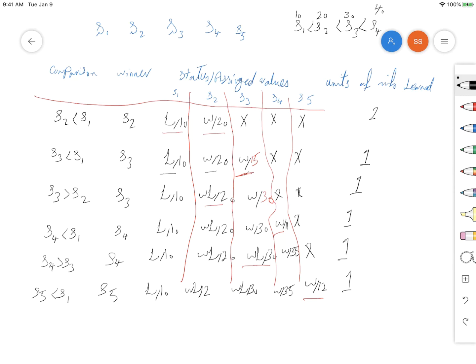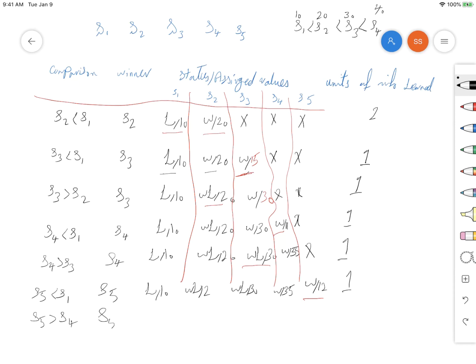Now, we found that S5 is not the smallest one. Now we're going to compare it with the largest number, that is S4. So, is S5 larger than S4? And let's say the answer is yes.